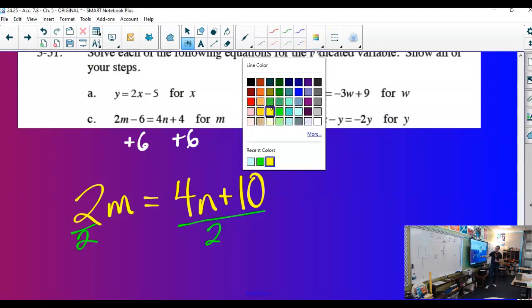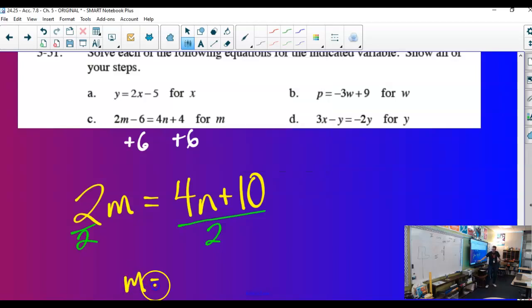Now, could we leave it written like this? Sure. But is that simplified? No. 4n divided by 2 is 2n. 10 divided by 2 is 5. Here, it's better to go ahead and do that division. As opposed to with B, it was nicer to just leave it in rational form, because this one simplifies nicely.